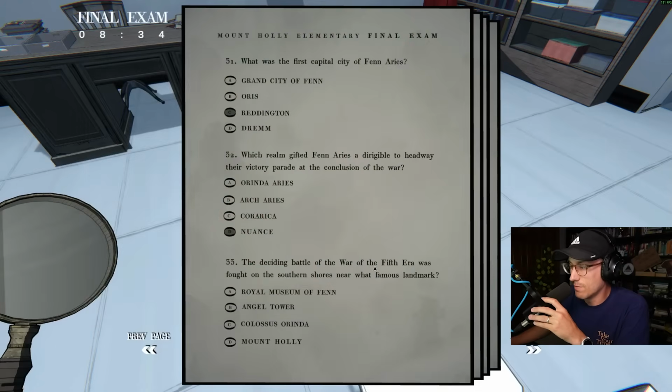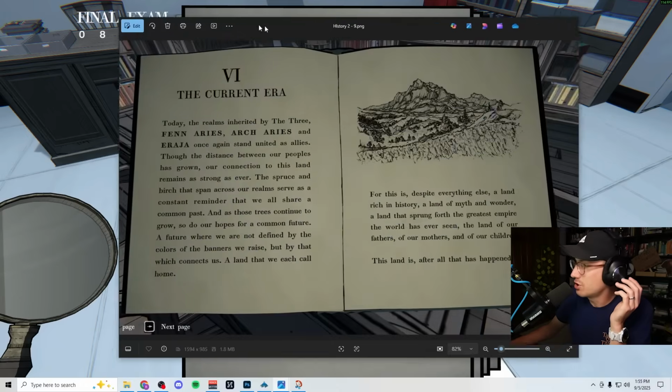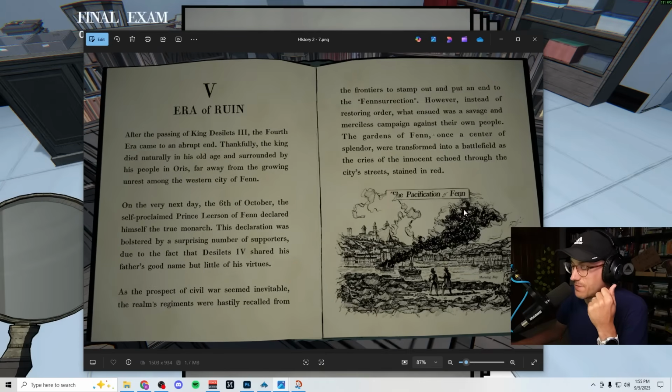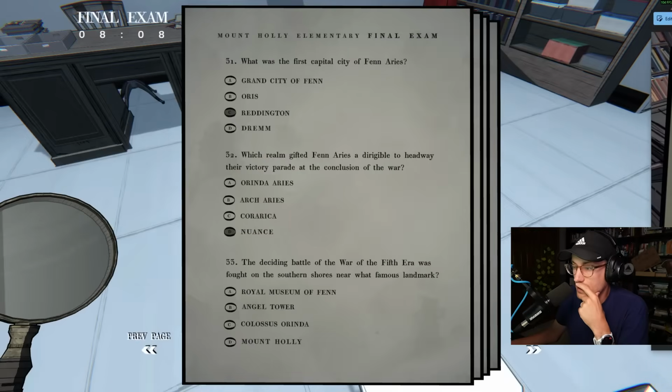The deciding battle of the War of the Fifth Era was fought on the southern shores near what landmark? The pacification of Finn, right? The Gardens of Finn.